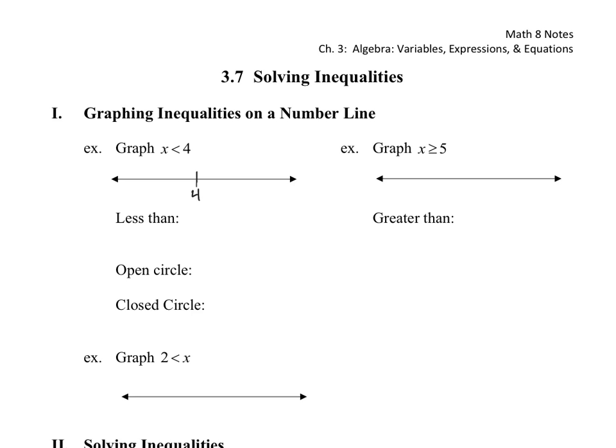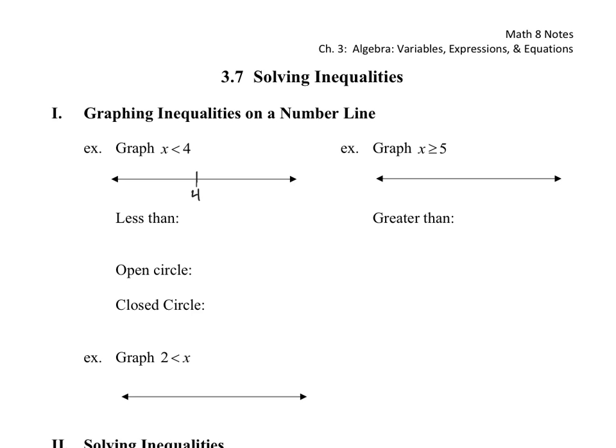If it was x equals 4, you just put a dot on that. Would you agree? But it's x is less than 4. So does it include the number 4? It says 4 is greater than x, but it also says x is less than 4, doesn't it?